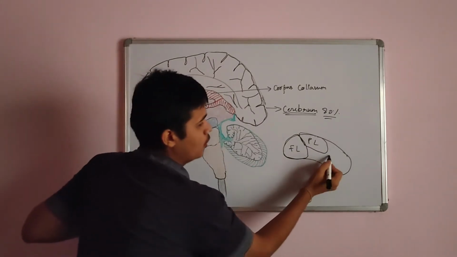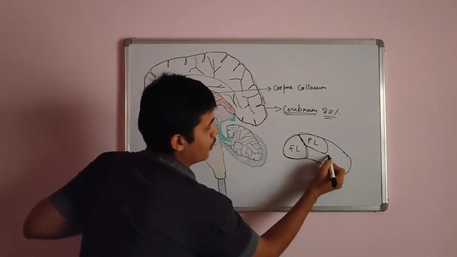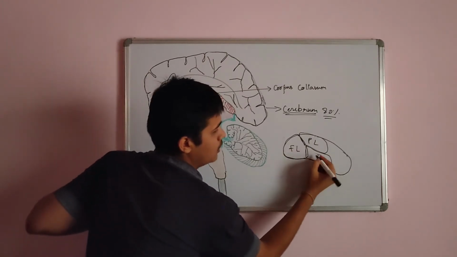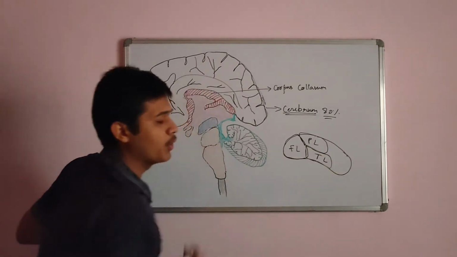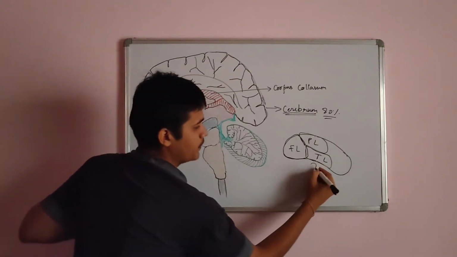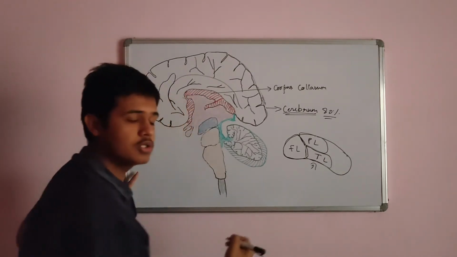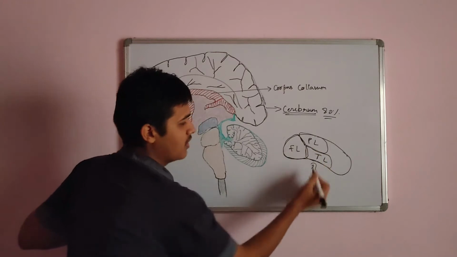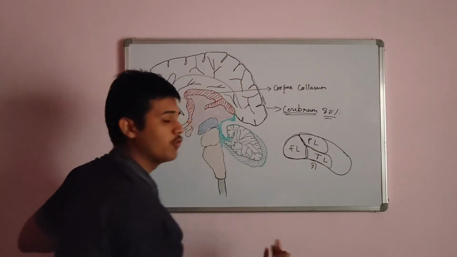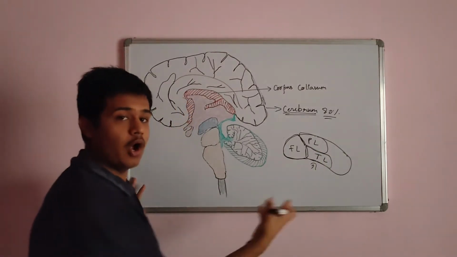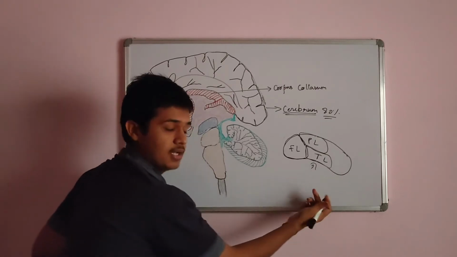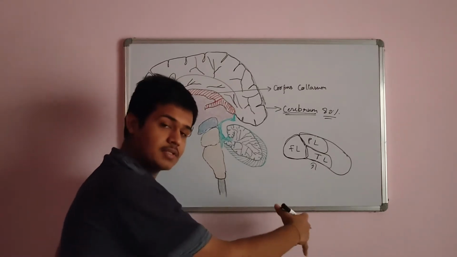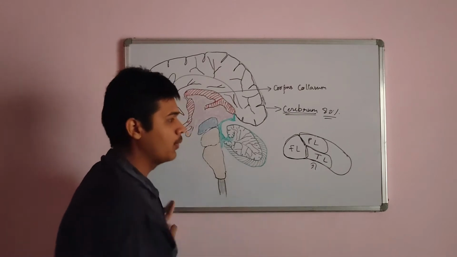Down from this parietal lobe is the temporal lobe. This temporal lobe is near the ear. Suppose this is the ear, so it's close to the ear. Of course, it takes part in auditory functions such as selective listening, our emotions and long-term memory.